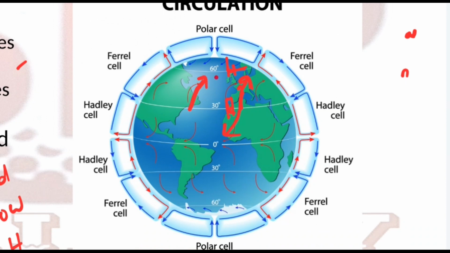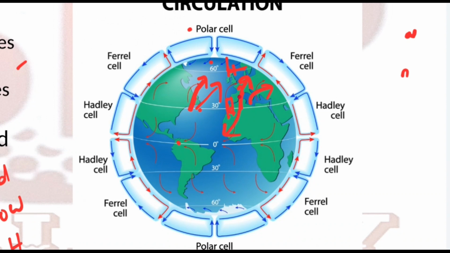So when it is moving from 30 to 60, as you know, from the equator towards the pole the Coriolis effect will increase. So at this position, the Coriolis effect will be more. Instead of flowing towards the northeast, the air will flow towards the west.